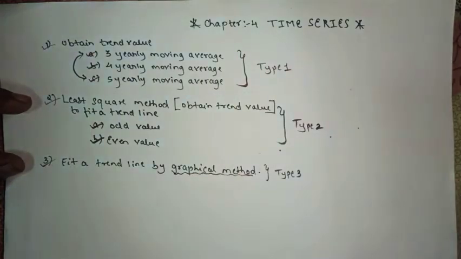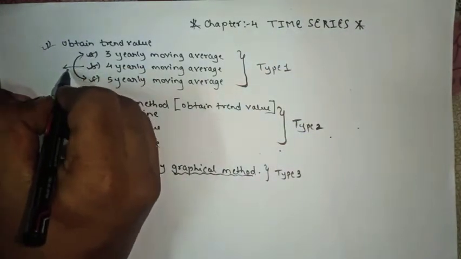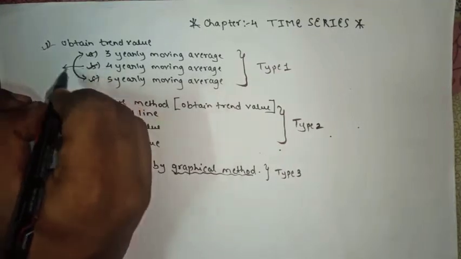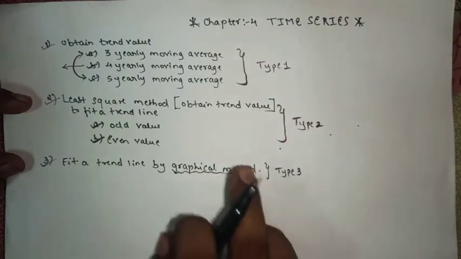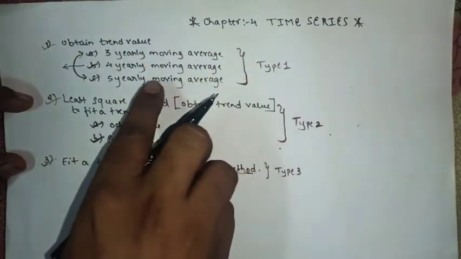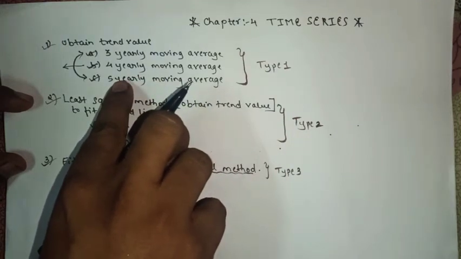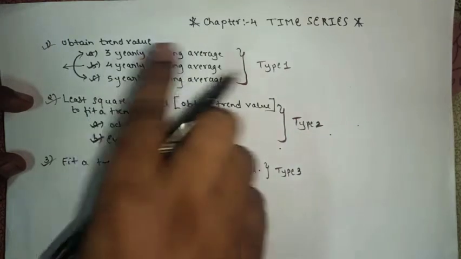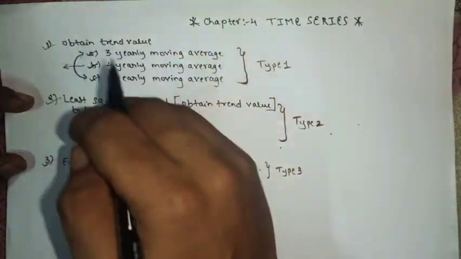As 4 is an even number, the method and format will be different. First we'll take one example on 3 year, then 5 yearly moving average, and in the last 4 year, as it is different from 3 and 5.